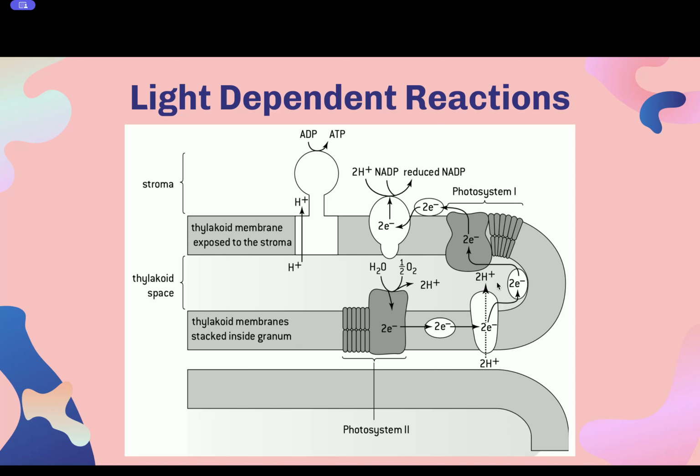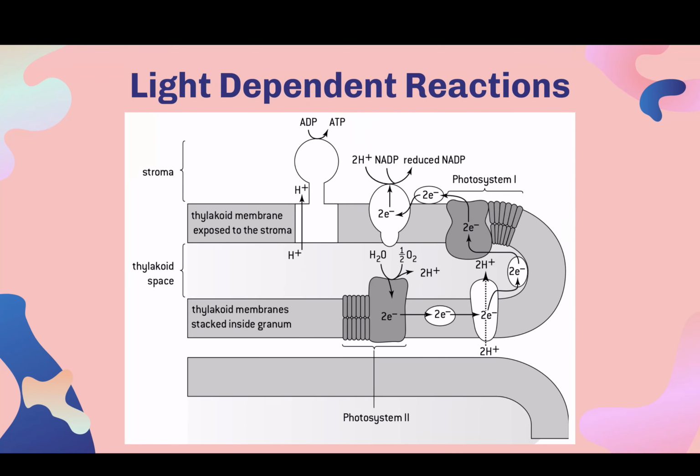That's the difference here. Because of the same phenomenon, an abundance of H plus ions will be formed, which will then pass through ATP synthase, converting ADP into ATP, which is later used in the Calvin cycle.